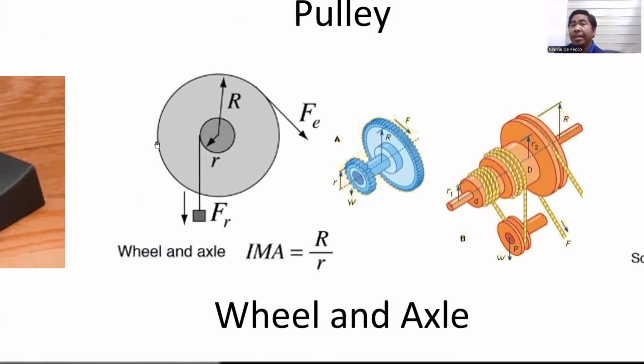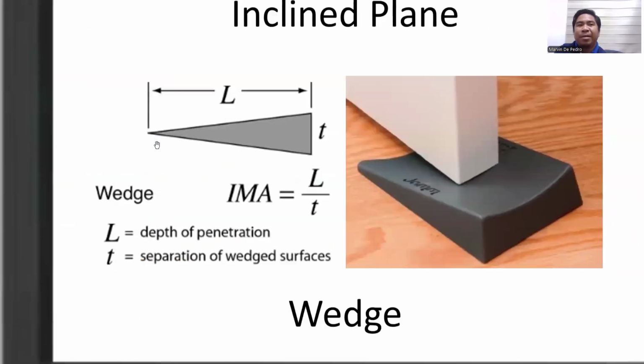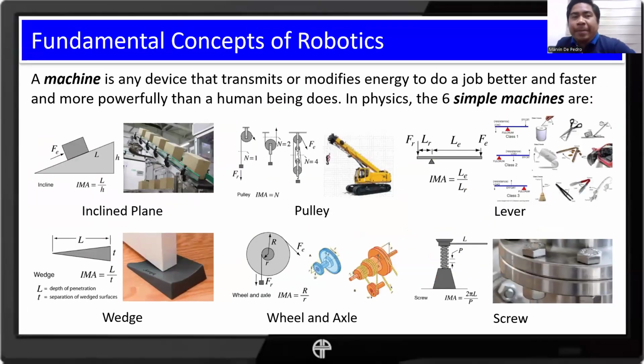Of course, wheel and axle, especially for mobile robots. Whenever we have motors, there will be wheels and axles. And the wedge, we can apply this especially in the physical construction of our robotic system. So this is for the mechanical aspect, and this is just an overview.